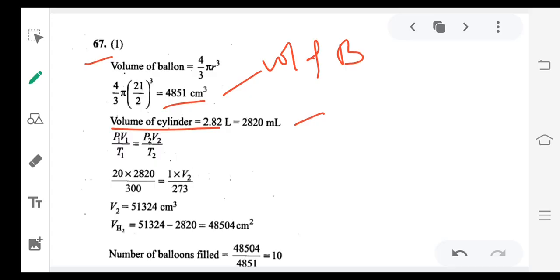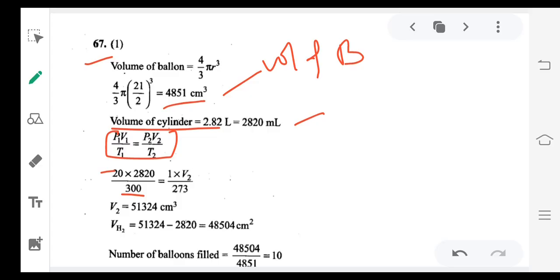So how much does the volume increase? That can be calculated by using P1V1/T1 = P2V2/T2. So P1 is 20 atmospheres, V1 is 2820 ml, and T1 is 300 Kelvin.